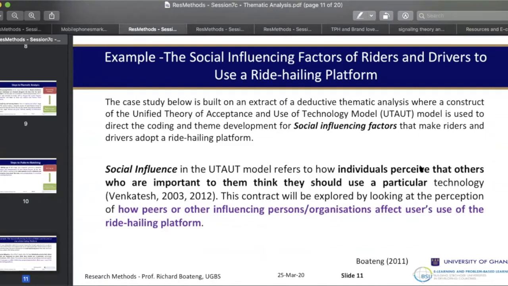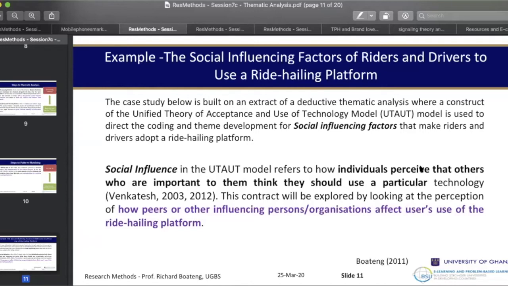So he's saying that there's a factor called social influence in the UTAUT model. He's going to use that one to examine this particular issue of why riders and drivers use a ride-hailing platform, like Uber. Okay. Use social influence according to the theory.